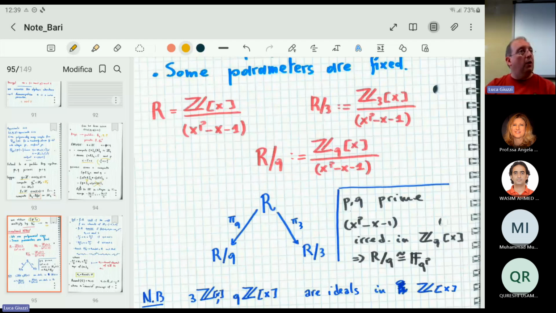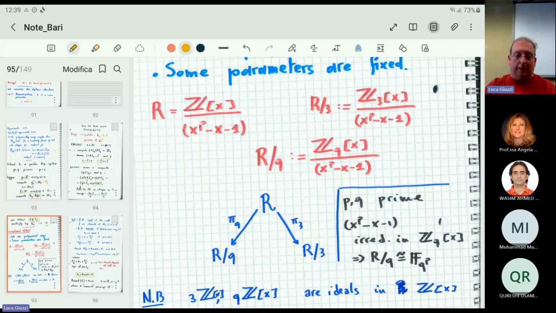And then Q is another prime, and then we have this third ring, because this is just a ring. I mean, this is not a reducible polynomial, so this is a ring of polynomials whose coefficients are basically between minus (Q-1)/2 and plus (Q-1)/2. So this is our setup.